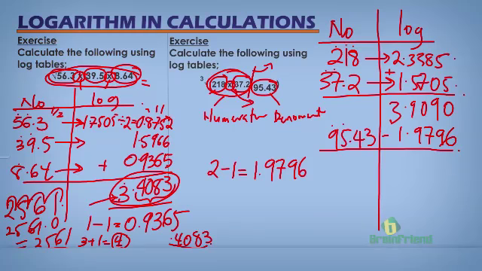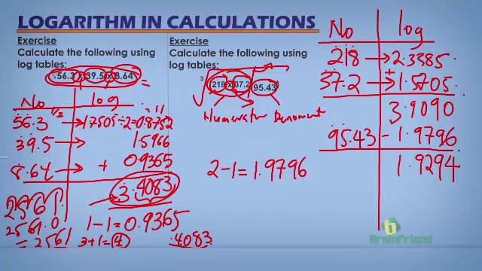Let's do that quickly and let's see what we have. We have 4, 9, 2, 9. So we have our value as 1.9294.